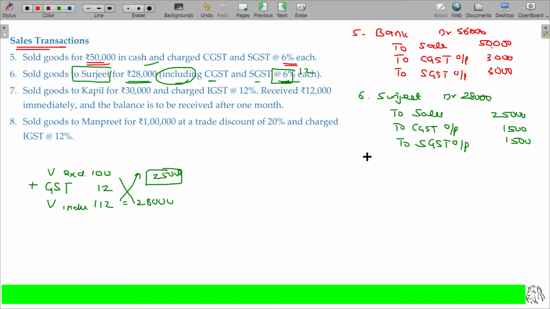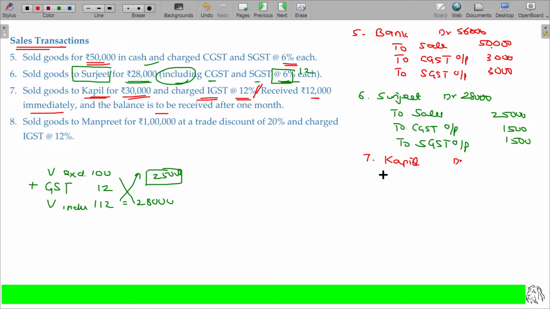Now we will move on to the seventh one. Sold goods to Kapil for rupees 30,000 and charge IGST at the rate of 12%. Receive 12,000 immediately and the balance to be received after some time. So Kapil's share is pending, the balance is immediately received.